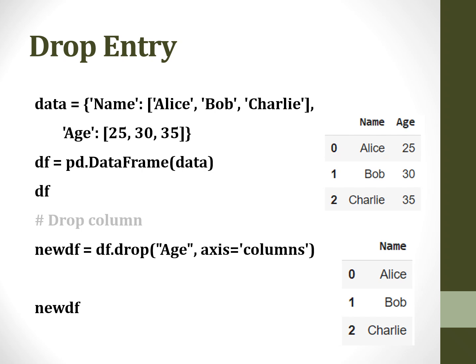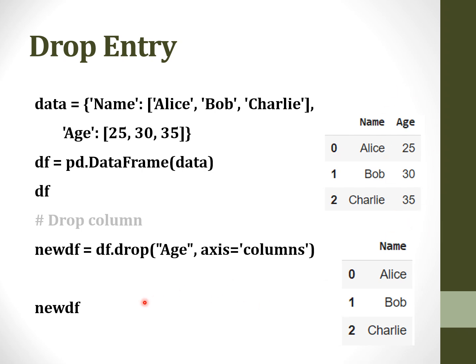This is a data frame we have created with Alice, Bob, Charlie, index 0, 1, 2, and age 25, 30, 35. Now if we want to drop any one of the columns from this particular data frame, for example the age column, then by giving this command, this particular age column can be dropped.